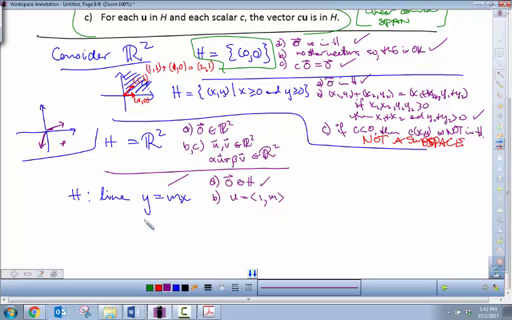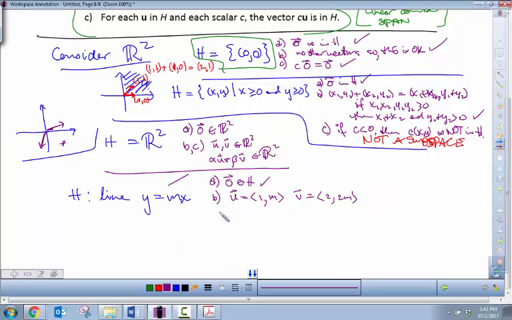And if you had another vector that was on this line, then it has to satisfy this equation. So when x is equal to 2, for example, y is going to equal 2m.